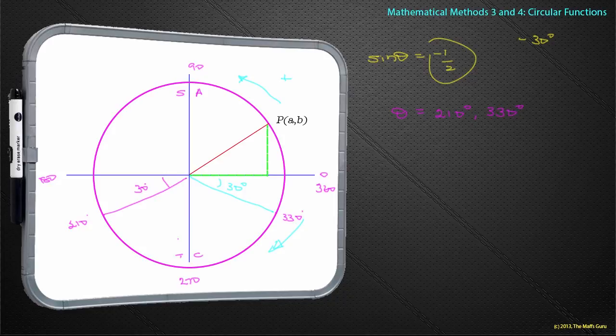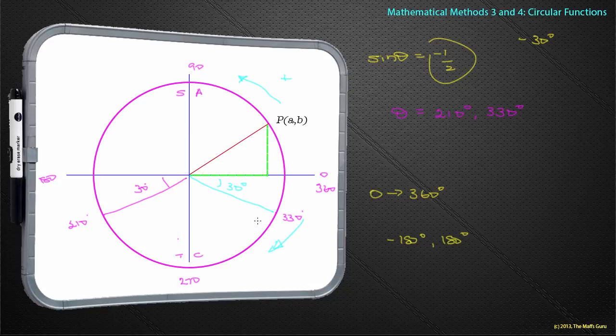Now this is assuming that they want solutions that fall between 0 and 360 degrees. But what if they wanted values to fall between, let's say, minus 180 and 180 degrees? What would we do? Well, minus 180 and 180 means it wants values going in this half of the circle and this half of the circle. Well, the values of 210 and 330 don't make any sense here.